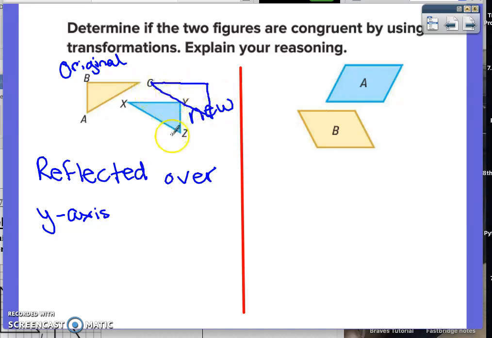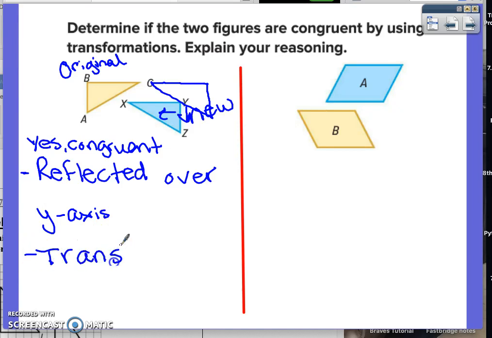And then it would be translated down and to the left. So if this was reflected over your y axis, and then moved down and to the left, I would want to say that, yes, it's congruent. It's reflected over the y axis and then translated down and left.